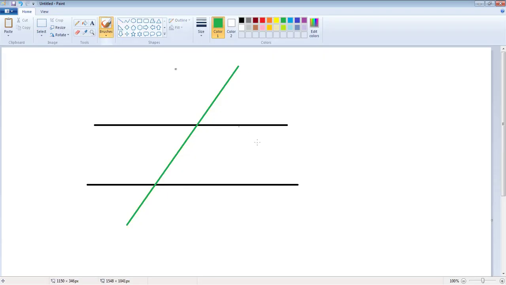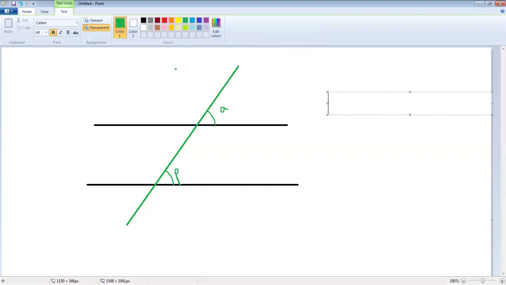So if I'm labeling two angles, observe this one, A, and this one, P. They will be equal, and this is one of the very ignored properties, although it is a very easily observed property, which is called corresponding angles.